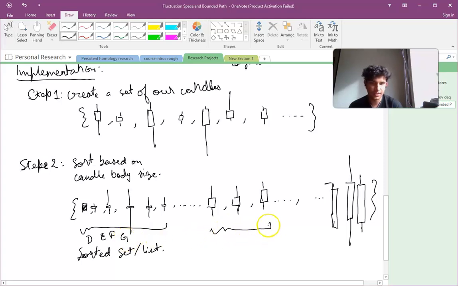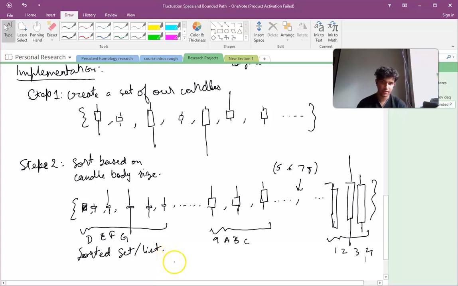Everything over here is from the medium group, and so they all come under 9, A, B, C. And similarly, these are the biggest ones around because I've ignored the middle part over here. This one was supposed to be 5, 6, 7, 8. And these biggest ones are 1, 2, 3, 4. Right? So this is our way of classifying or at least sorting our candle sizes. Okay. Now I'm going to go ahead and talk about the next one.